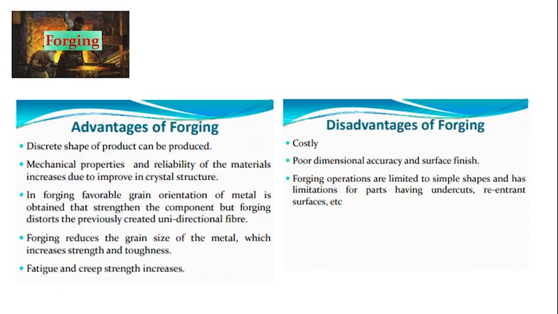If your grain size is reduced, your strength and toughness will be increased. So mostly forging gives you the best mechanical properties. But what are the disadvantages? It is very costly, it has poor dimensional accuracy and surface finish, and it is very limited.